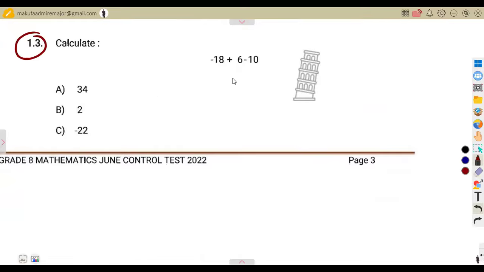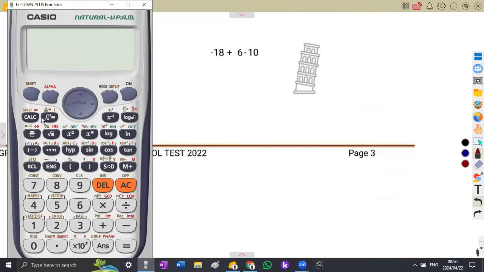1.3, calculate minus 18 plus 6 minus 10. So this is just your calculator. You can just take this on your calculator, guys. This is just 1 mark. And remember, just an answer there. So just use the calculator properly. Minus 18, this is the minus here that you press, minus 18 plus 6.